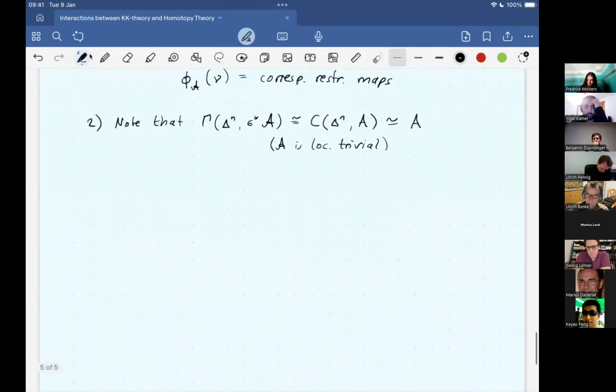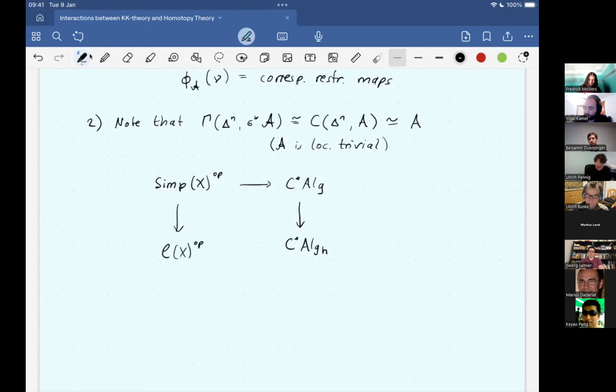All right, so what do we have? Now I have the presheaf on the simplex category with values in C-star algebras. I can go from here to the localization at homotopies, and then I can go from here to L of X op. And because I'm sending all of the maps here now to equivalences, this will factor and give me a map here.